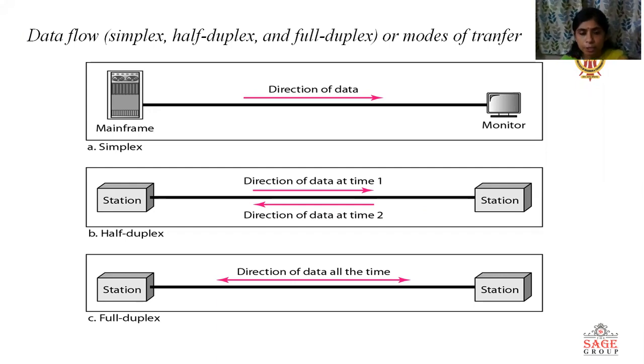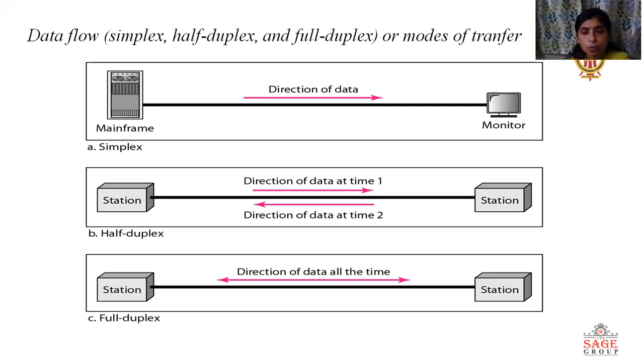The direction of data is different at different times, so the transmission rights are at different times. Transmission is one at a time. Only one work will be done, transmission or reception only. Both transmission and reception at the same time are not possible in half duplex transmission.